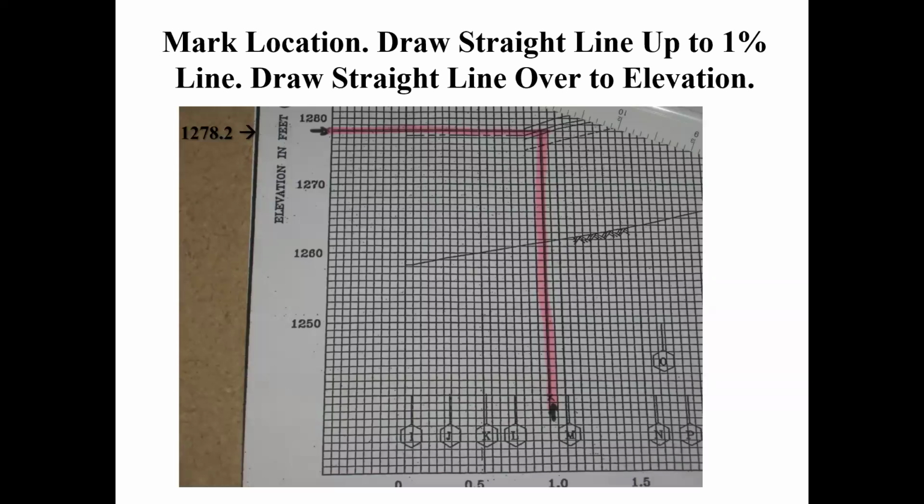Once you find where that is in distance from the upstream cross section, then you just mark that point. You just go straight up, and if you see those diagonal lines towards the top, those are the different flood frequencies, and there's a little locator in the bottom corner that tells you which is which.